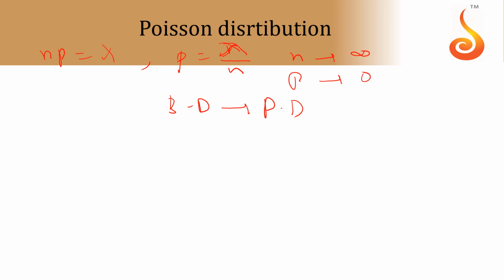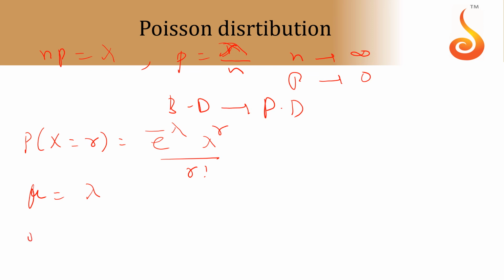So what is the formula for P of capital X equals r in Poisson distribution? The formula is e to the power of minus lambda, lambda to the power of r by r factorial. When p is very, very small, that is p tends to 0, q tends to 1. That's why the mean of the Poisson distribution is lambda.